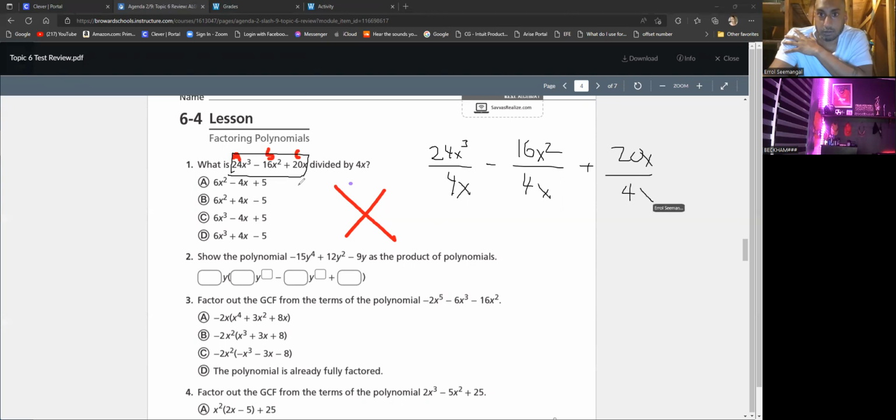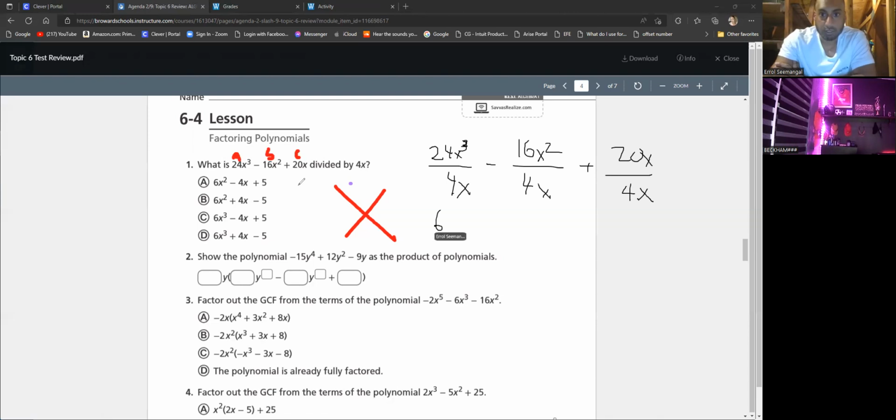What do you get? What's this one? 96. No, are you multiplying or dividing? Divided. Okay, so what's 24 divided by 4? 6. And what's x cubed divided by x? 24 divided by 4 is 6.